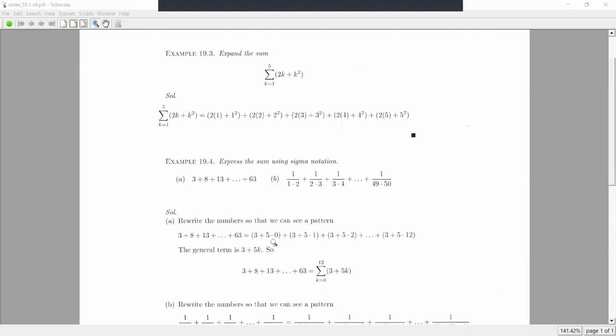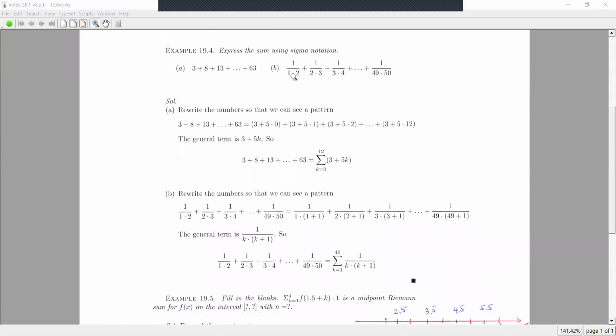When k is 0, first term. When k is 1, second term. When k is 12, the last term. So this long sum is the summation in sigma notation of the general term with k going from 0 to 12. This is the answer.